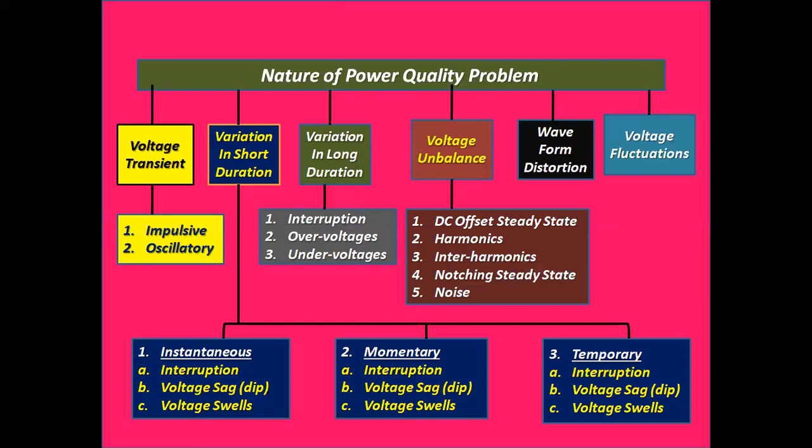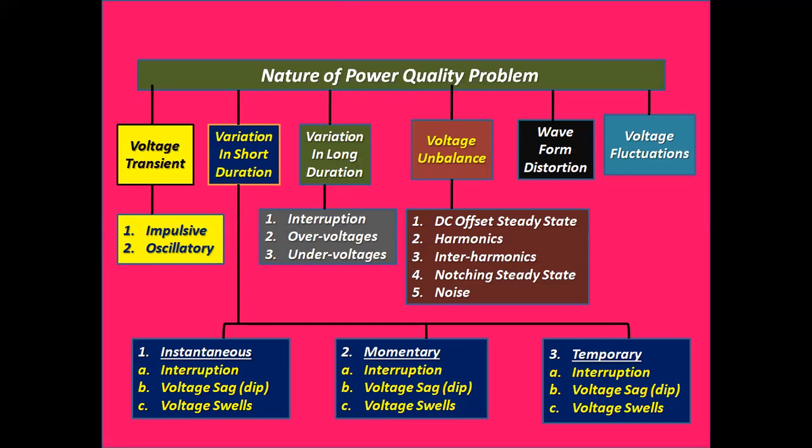Third, variation in long duration. Voltage unbalance. Waveform distortion. Voltage fluctuations. The voltage transient has two types: one, impulsive type, another is oscillatory type.